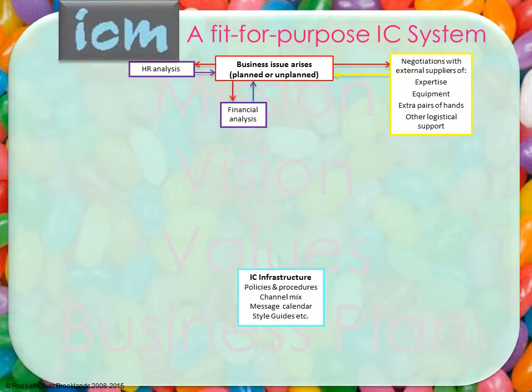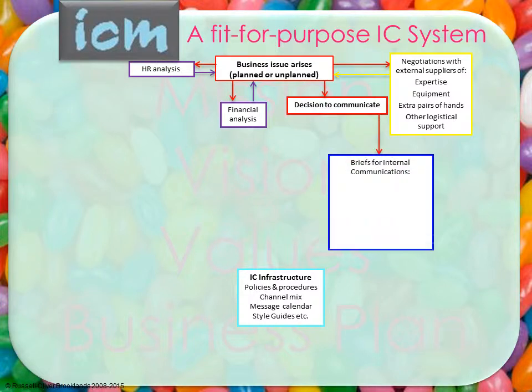At some point though, the people responsible for this issue will need to tell employees what's going on, and that's when they're likely to brief a member of the internal communication team. Now, emergencies can often mean we need to take shortcuts, but if we can, we should always be trying to do the job properly, and certainly on any other occasion, there are at least 3 things that must happen at the briefing stage. Firstly, we need to validate that decision to communicate.